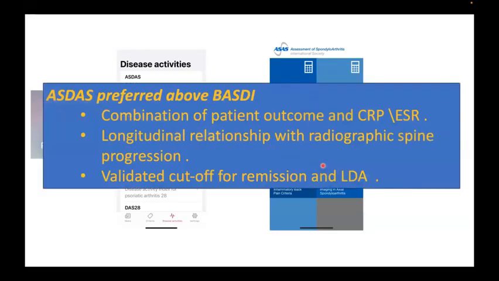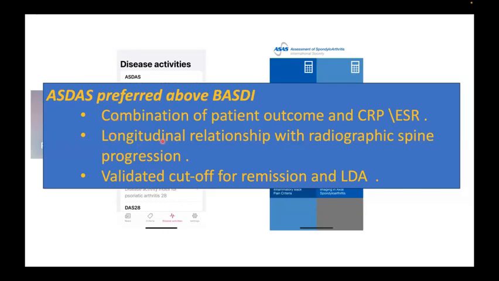And finally, the EULAR updated recommendation for treatment of SpA recommends ASDAS over BASDAI because ASDAS is the combination of the patient outcome and CRP, while BASDAI is only the patient outcome. There is no CRP or ESR.